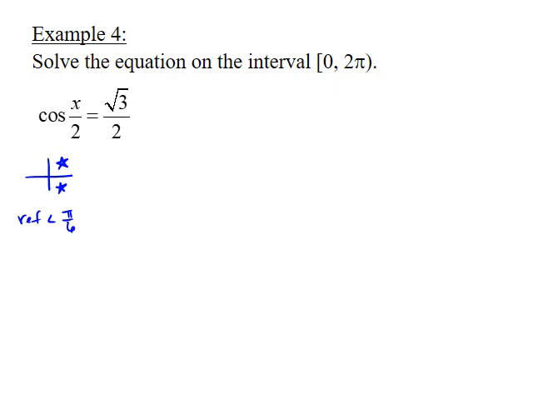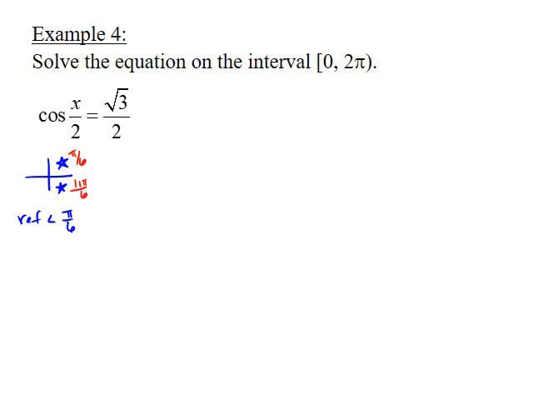So when we are solving this, we have the following. Now I'm going to show you another way to solve this instead of using n. Either way is fine. We know that this is pi over 6 and this is 11 pi over 6.